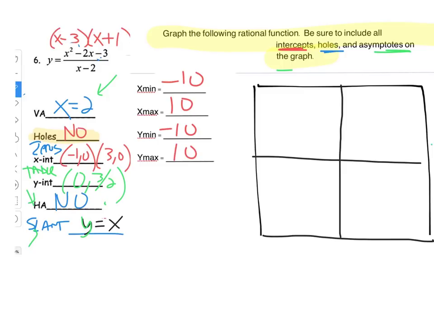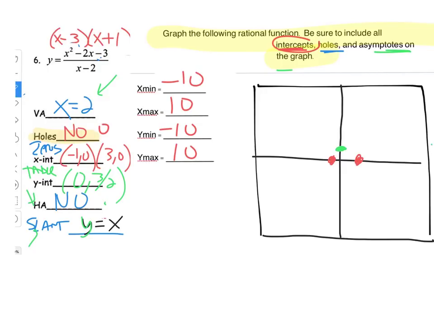The x-intercepts are (-1, 0) and (3, 0). The y-intercept was the point (0, 3/2). So I plot those as points. If there were any holes, I would indicate them by open circles, but here there are no holes in the graph.